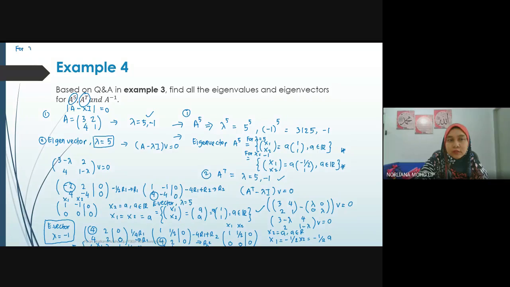For lambda yang original kan 5, negative 1. So we find eigenvector for lambda equal to 5. Substitute lambda equal to 5 into this equation. So 3 minus 5 negative 2, 4, 2, 1 minus 5 negative 4, equal to 0.